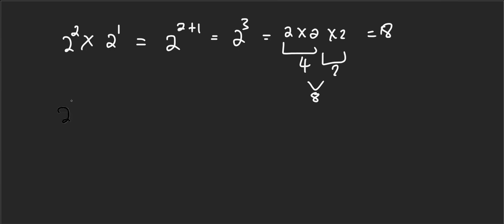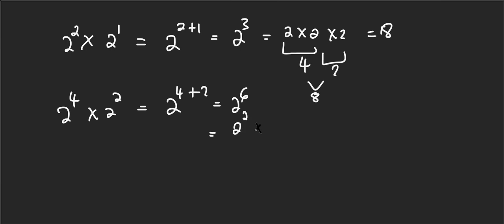If I'm given 2 to the power of 4 multiplied by 2 to the power of 2, I'm going to keep the base as it is, and then I add 4 and 2. Then I get 2 to the power of 6. So what is 2 to the power of 6? That is 2 squared multiplied by 2 squared multiplied by 2 squared, right? Because the exponents add up to 6.